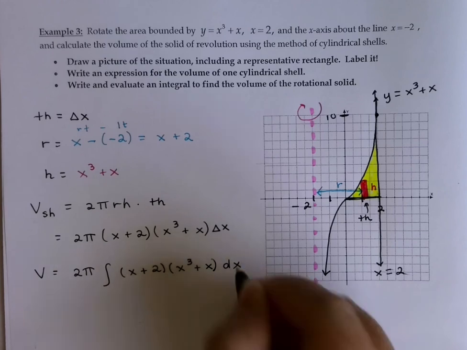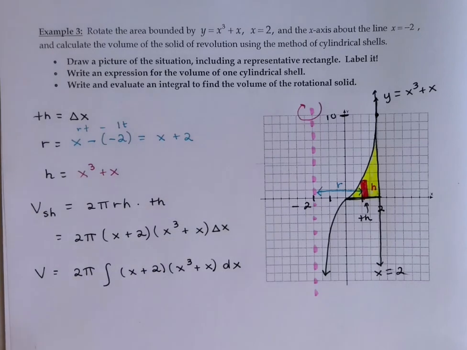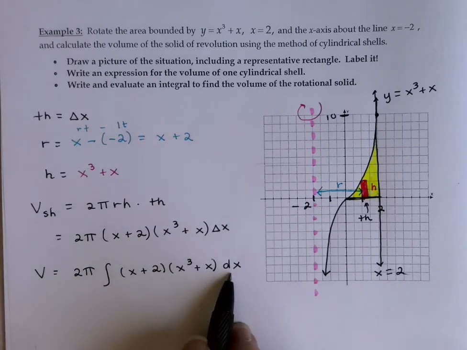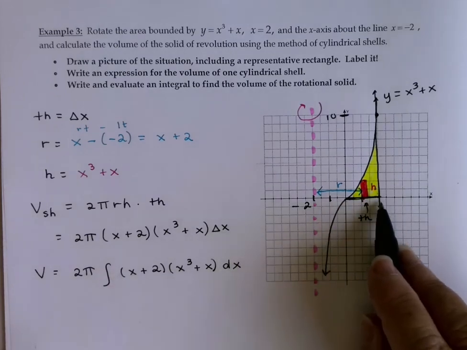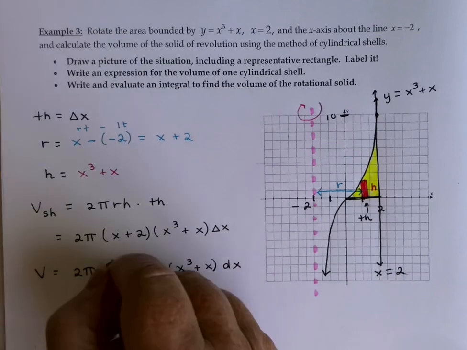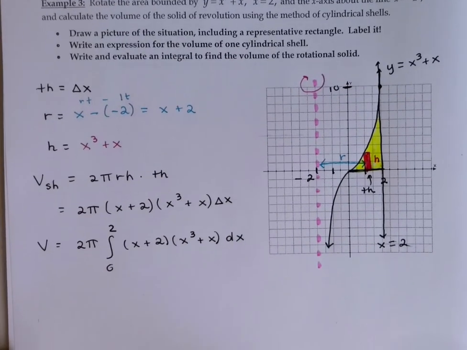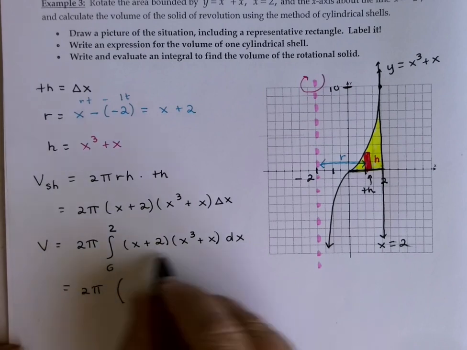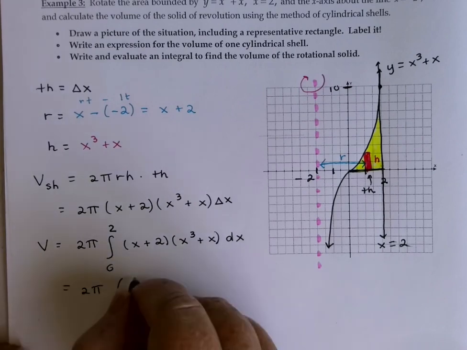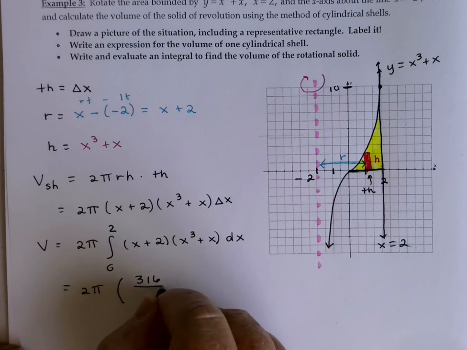Delta x becomes infinitesimally small, becomes dx. This is an x integral, so I want x values for my limits of integration. That would start from 0 and end at 2. When I did that integral on my calculator, I got 316 over 15.